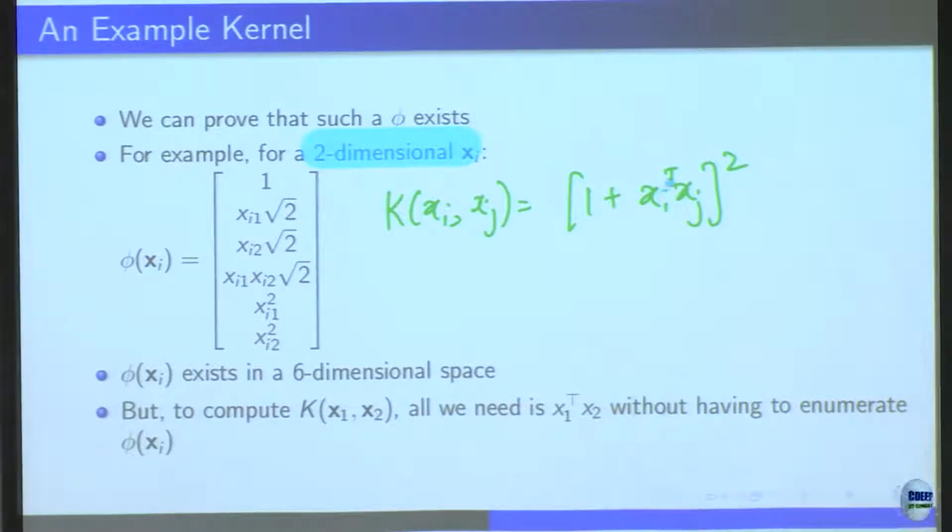Whereas what we are enjoying is the advantage of the kernel, which is computed in a six-dimensional space, and this kernel is nothing but the dot product of the phi in a much higher dimensional space.